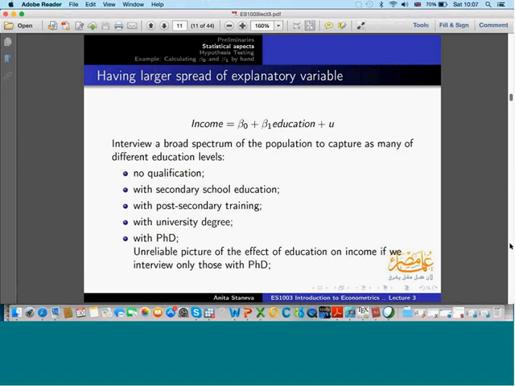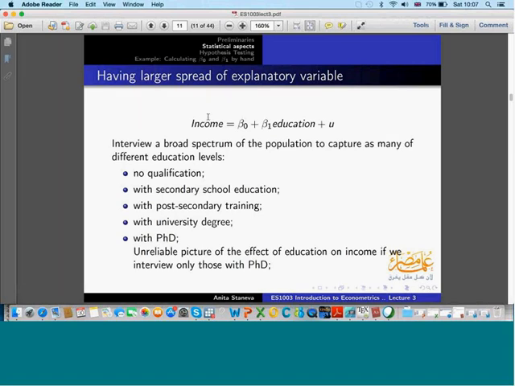Let's suppose we're trying to investigate the effect of education on income, so we write our regression model in this way, where X is the years of schooling and the income people receive is denoted by our dependent variable Y.